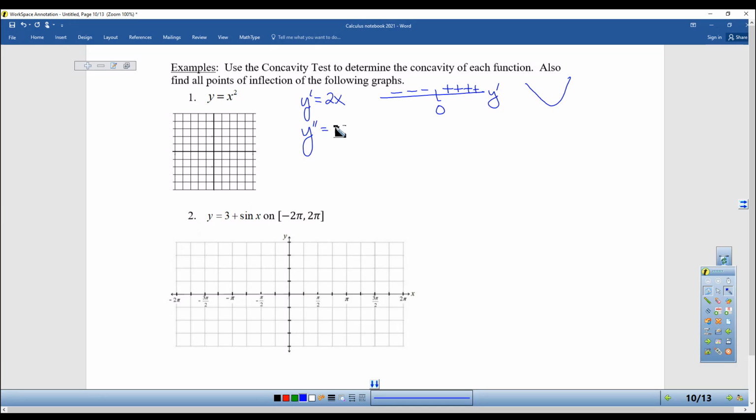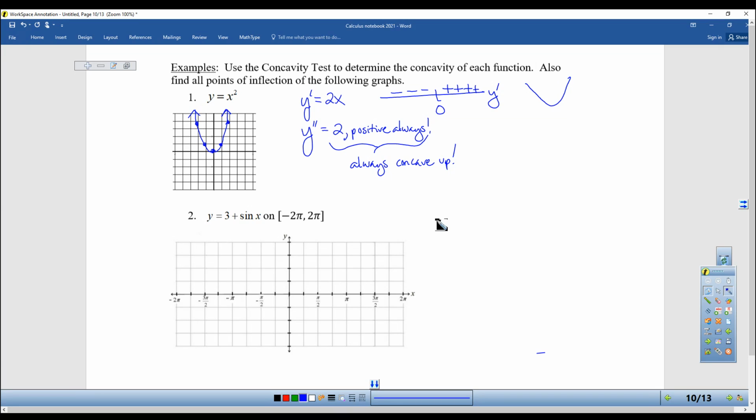But the second derivative is 2, which is positive, always. That would indicate that it's always concave up, which of course it is. 0, 0, 1, 1, 2, 4. Always concave up. So the calculus matches the graph.